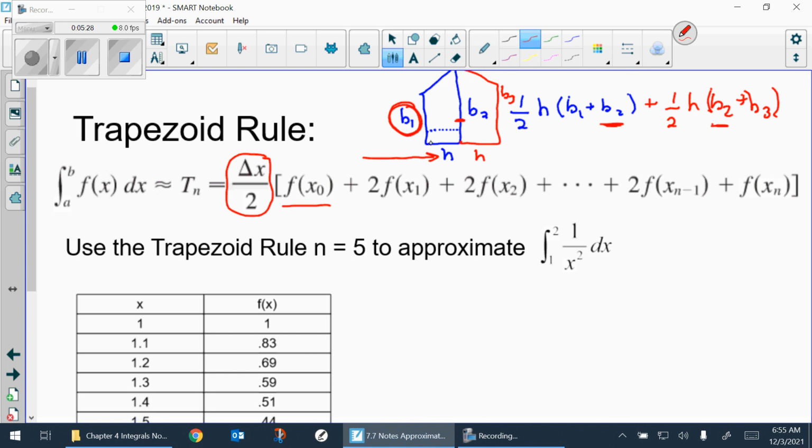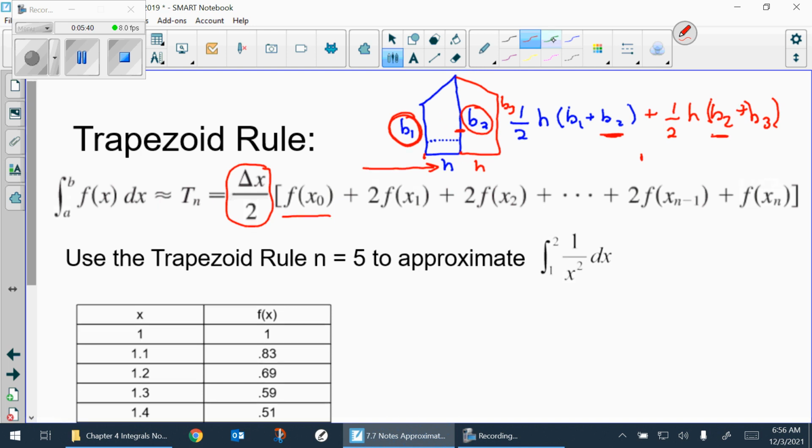Everything between the beginning and the end, everything in between, like this B2, is going to get used twice. It's going to appear in a couple of different trapezoids. If I were to continue drawing here, this B3 would be used in the red and the green trapezoid. So that's why we see 2's in front of all of these heights that occur in between.